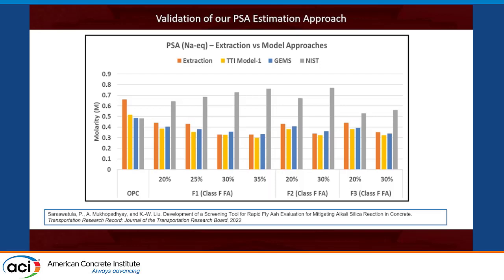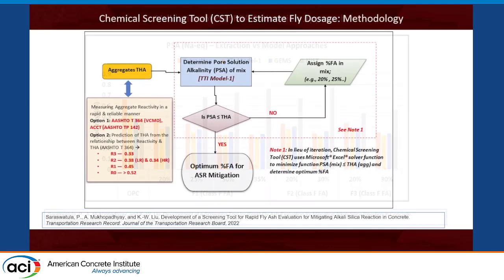Now we use our model to make a decision. We have the pore solution. Now how do we estimate the optimum dosage to mitigate ASR? So we developed a parameter. On the left side is an ASTM standard, our original test, VCMD. We tested several aggregates at different solution concentrations and developed a relationship between aggregate reactivity and the threshold alkalinity of that aggregate.